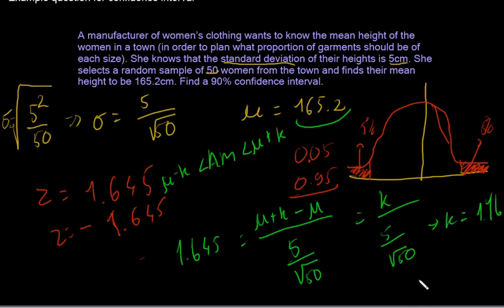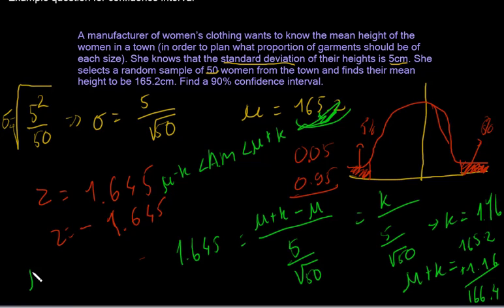So the upper end of the confidence interval, the mean plus k, is 165.2 plus 1.16, which gets you 166.4.